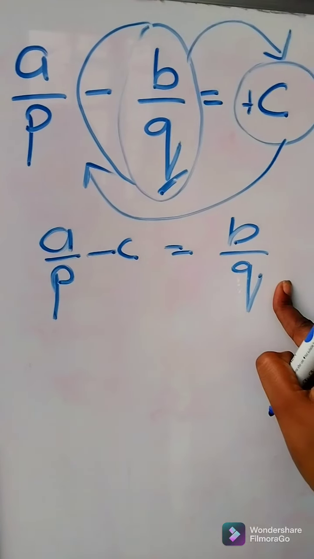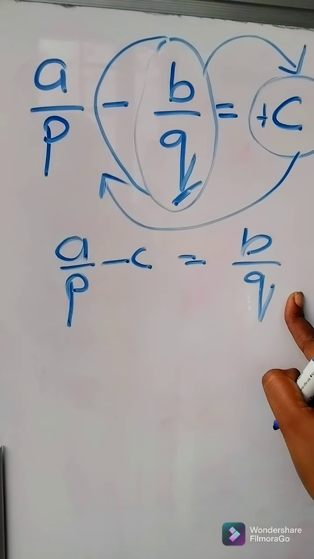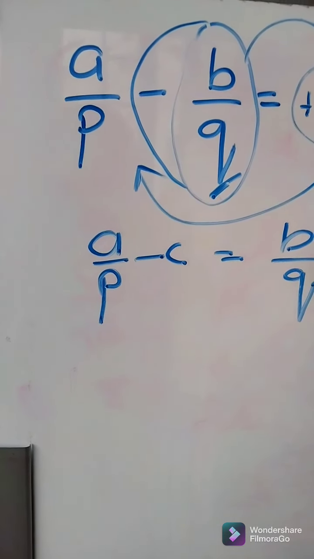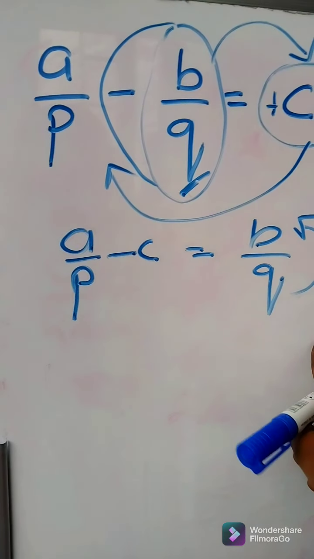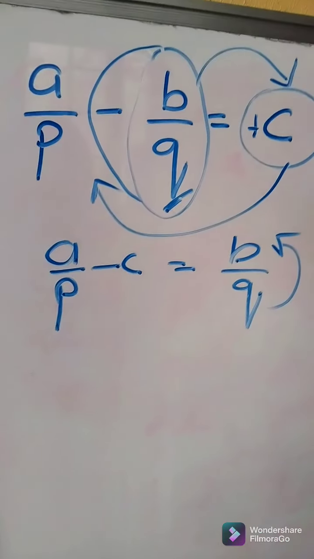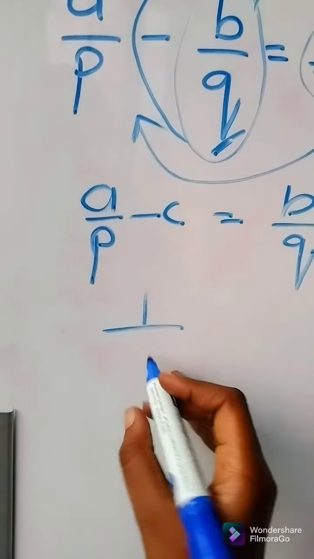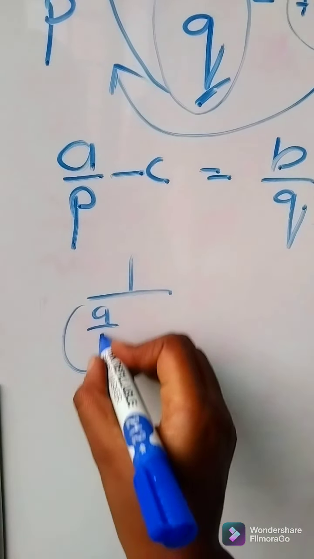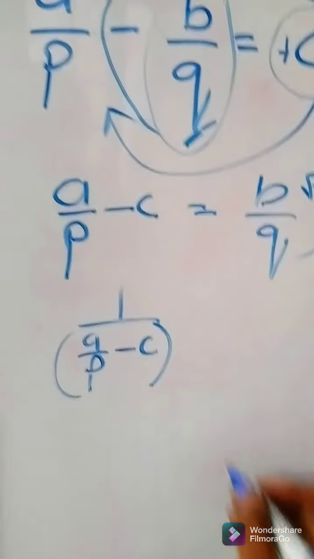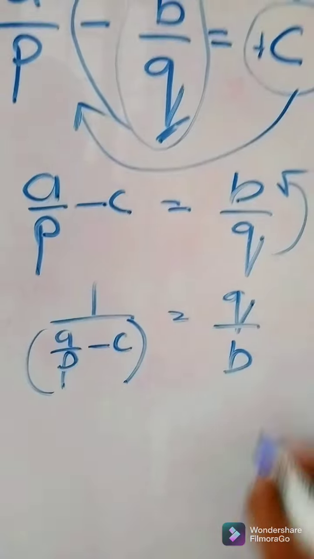So how will I make q the subject of the formula? That means q has to go here, right? So if I flip this whole equation over, I will have the inverse. I'm taking the inverse of the whole equation. So I have a all over p minus c equal to q all over b.